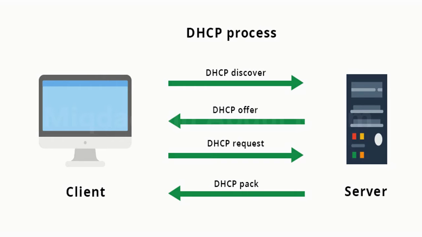If a connection is established, the DHCP server returns a message called offer, and the client starts the request, and the DHCP server packs the data to the client system. It is very simple, as seen in this diagram.